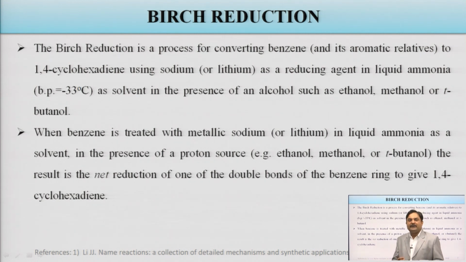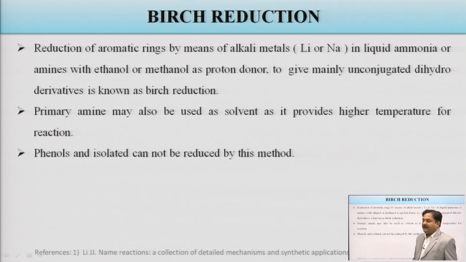They are very good donors of electrons, and the aromatic compound will take the electrons. By providing the electron, an alkali metal like sodium will be oxidized, while by taking the electrons the aromatic compound will be reduced. The alcohol we are using, for example methanol, ethanol or butanol, will be acting as a proton donor. So, this is reduction of an aromatic ring by means of alkali metal in liquid ammonia or amines.